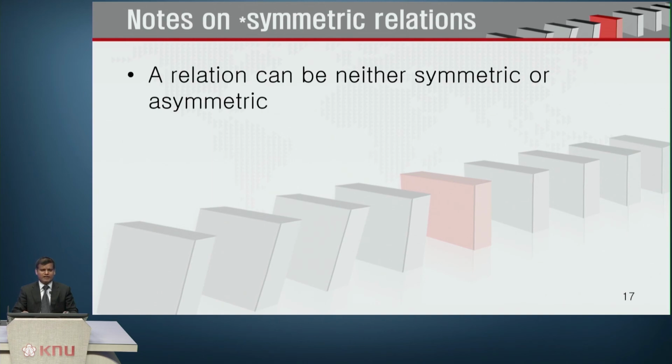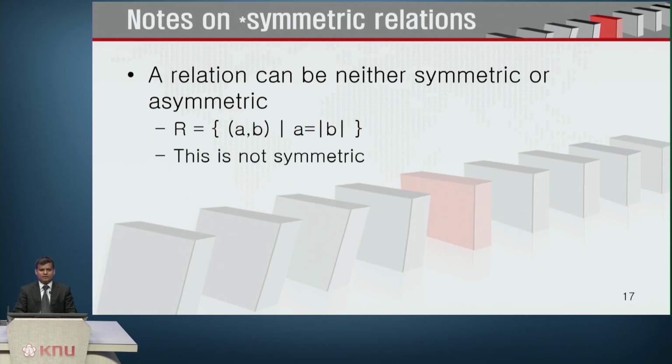A relation can be neither symmetric nor asymmetric. That's possible. For example, if the relation is expressed in terms of the elements A comma B such that A equals the absolute value of B, this is not symmetric. You can recall the properties of a symmetric relation.